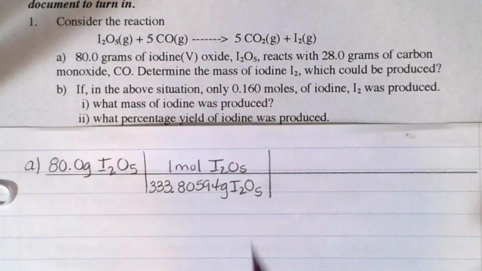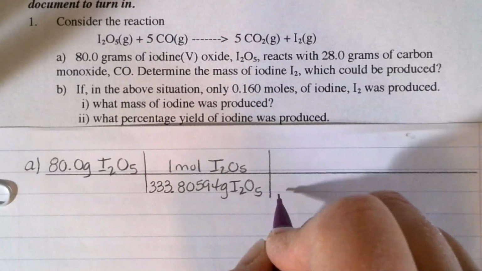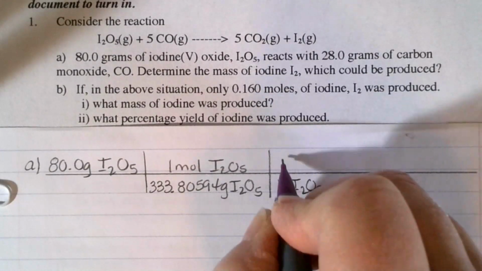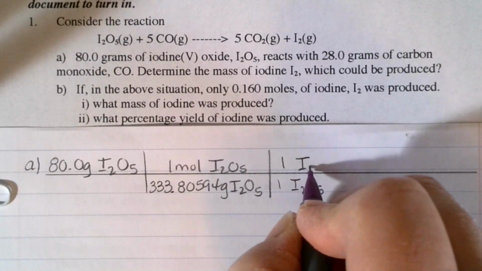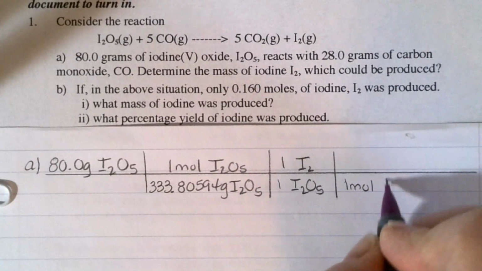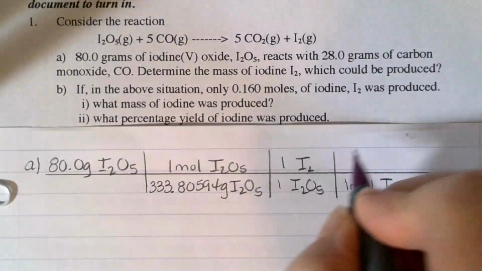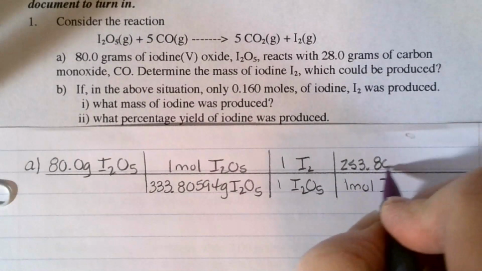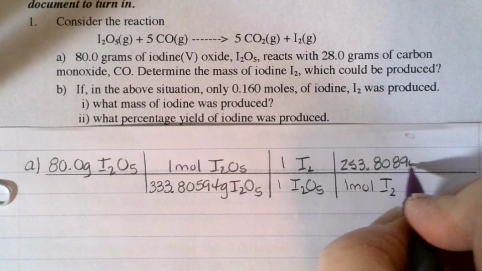Looking at my balanced equation, I know that 1 mole of the iodine 5 oxide produces 1 mole of iodine gas. And 1 mole of iodine gas is 253.80894 grams of iodine.